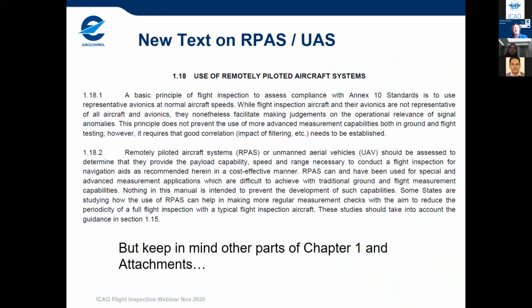On the other hand, RPAS do provide an opportunity in that they can make measurements that traditional flight inspection assets cannot do, such as measure in places where you can't really hover. So for example, nicely detailed and highly precise ILS antenna diagrams have been produced.